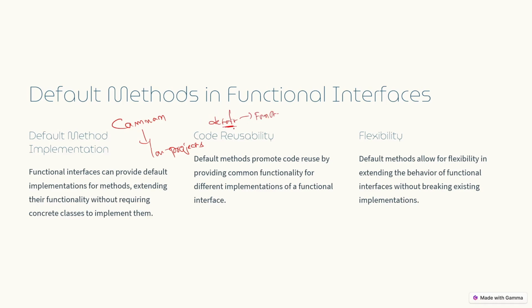Then you can use the default method wherever you want. If you need to change that message in a specific class, you can override it and modify it. So that is the use of default methods.